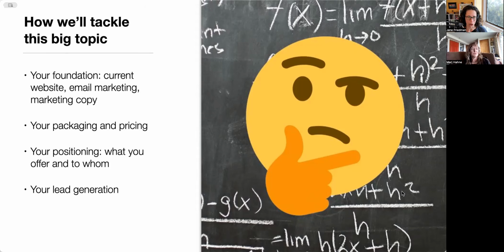Then we'll talk about positioning, what you're offering and to whom. And finally, we'll talk about the lead generation. My suspicion is that when you first reached out, you were thinking about the last bullet point most of all. I don't know if that's true. But I want to start with the foundation, because you could do all the lead generation in the world, but if the foundation isn't there, it's going to fail. So that's why we start there.